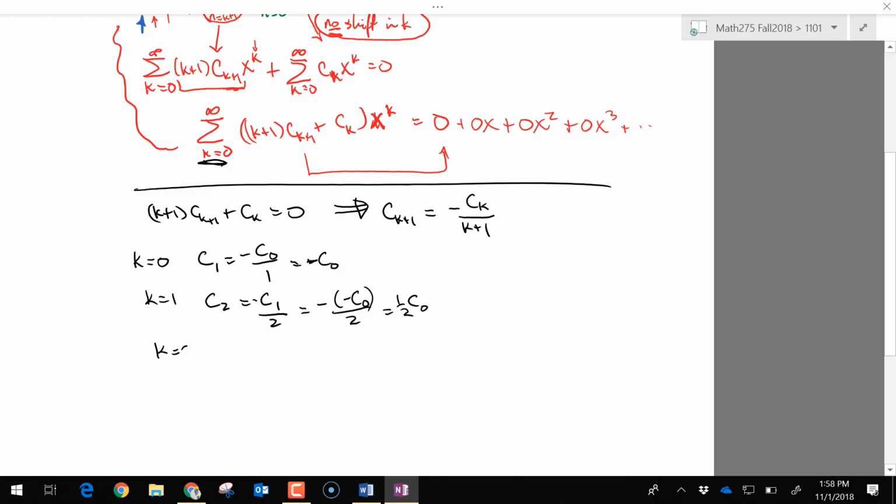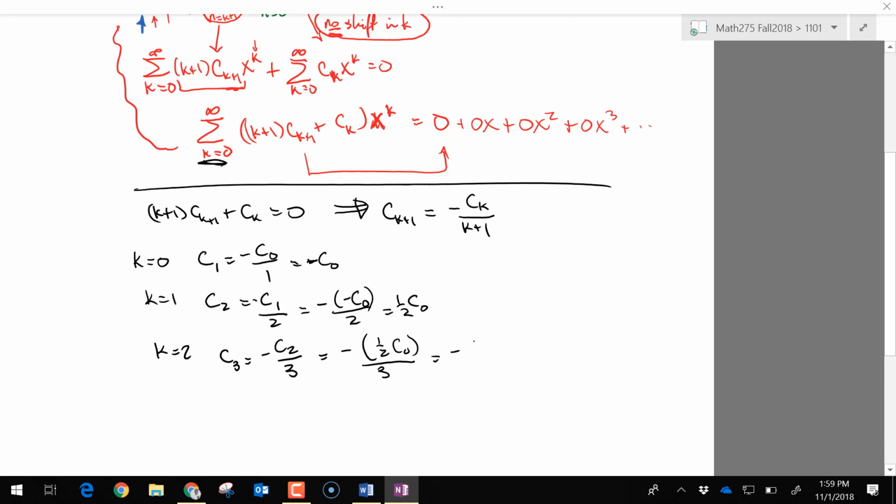k is equal to 2. c sub 3 is equal to negative c sub 2 divided by 3, right? So this is negative 1/2 c sub 0 over 3, right?